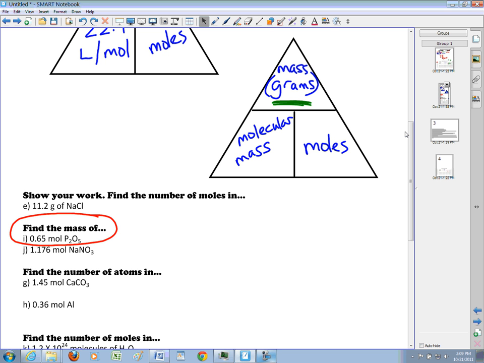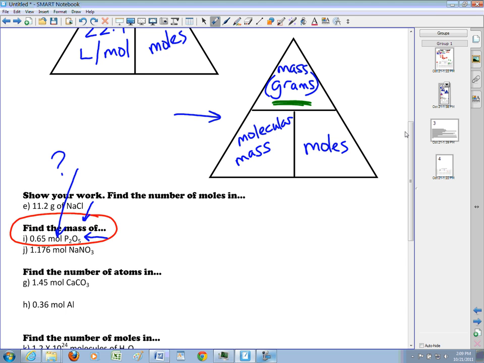This time it wants me to find a mass, and I'm asking myself, do I know the moles? In this case, yes, it has actually given me the moles of a compound. It looks like diphosphorus pentoxide, okay, P2O5. But the question is asking for a mass, so it's going to be using this same triangle, the mass or molecular mass in moles.